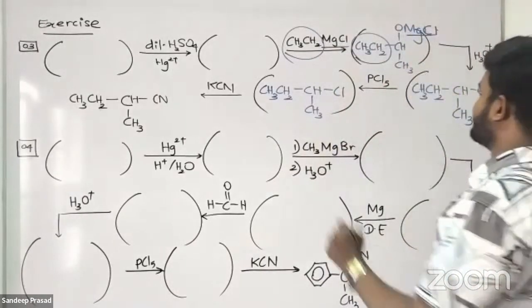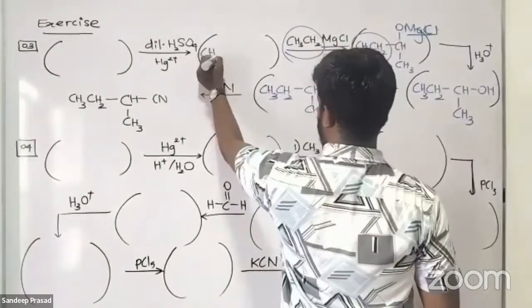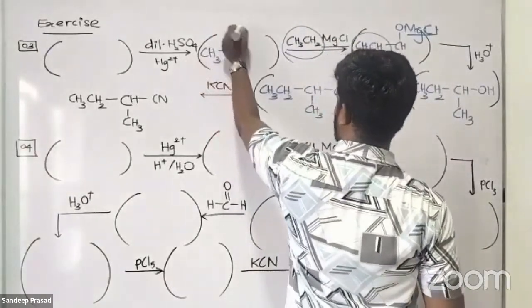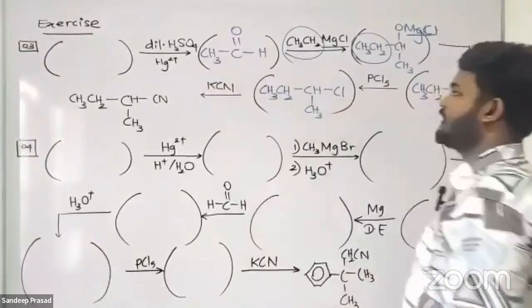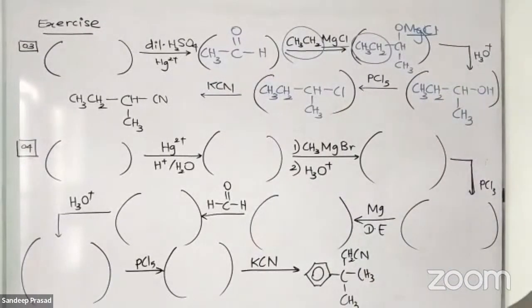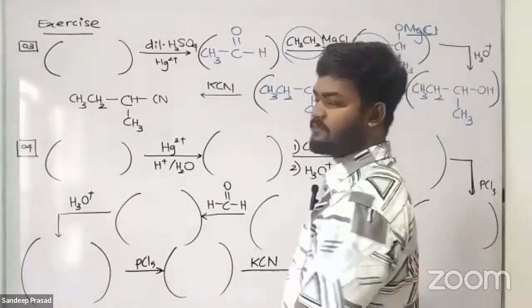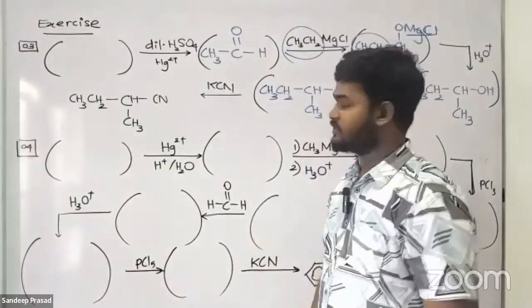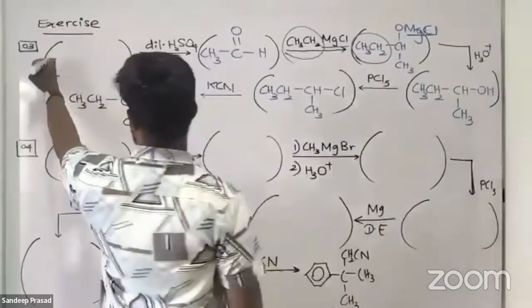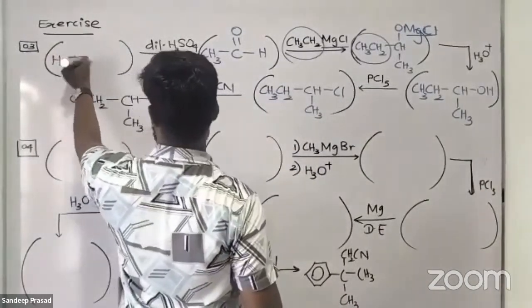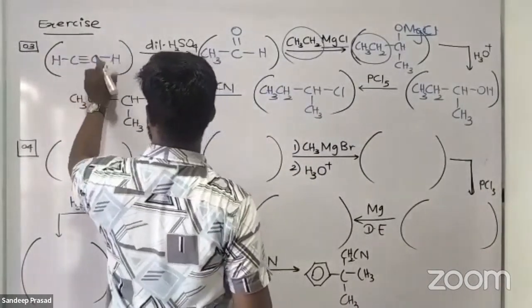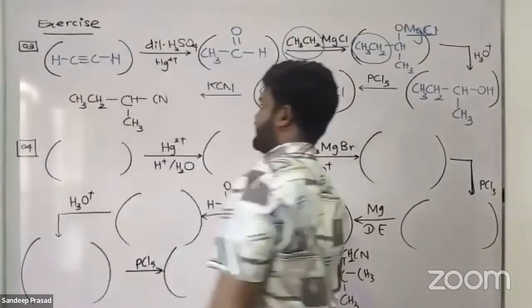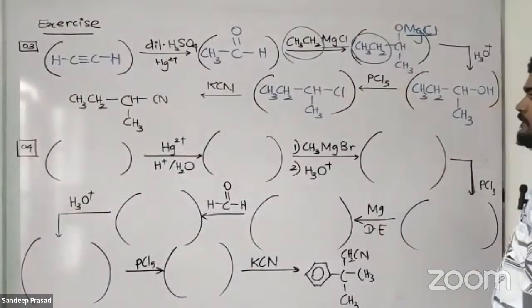Then the remaining one is aldehyde, ethanal. Ethanal is formed by adding dilute sulfuric and mercuric cation. Just now we learned the hydration of alkyne. So therefore, what will happen? Here, hydrogen, carbon, carbon triple bond. This is connecting there. Okay.